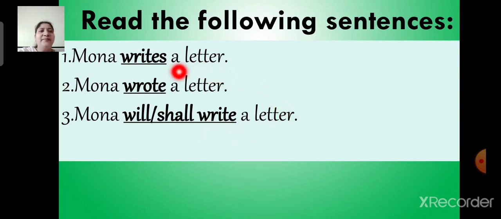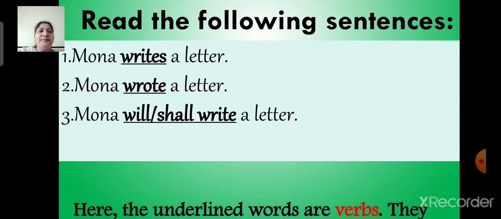In the first sentence, the underlined word is writes. In the second sentence, the underlined word is wrote. In the third sentence, the underlined words are will or shall write.